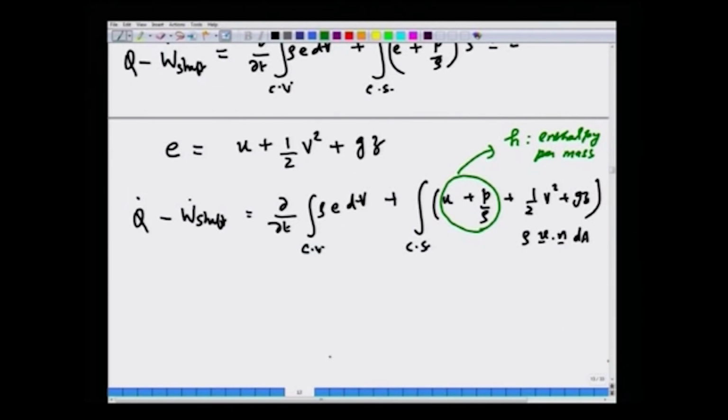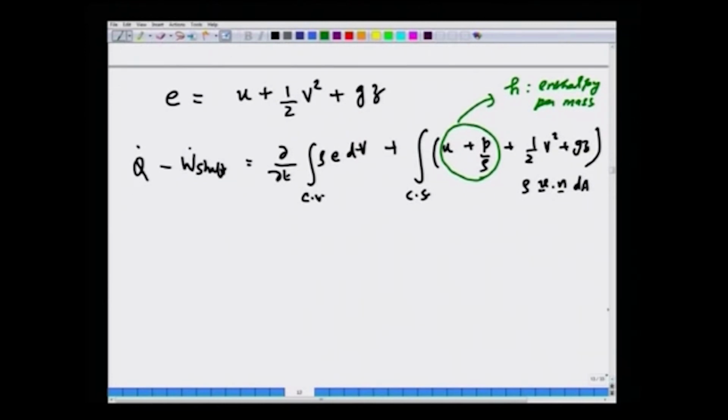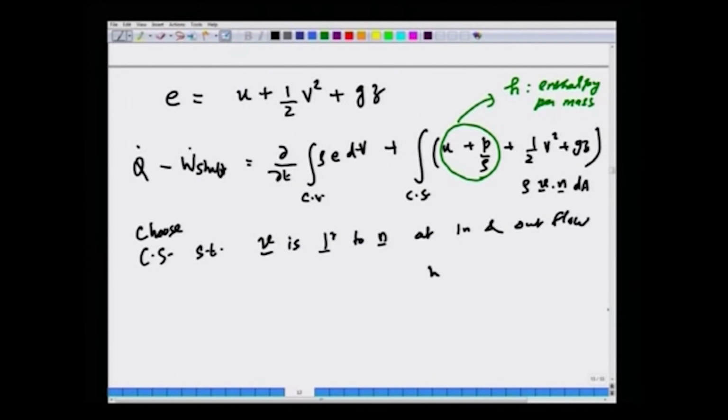Remember that we are choosing the control surface such that V is perpendicular to N at inflow and outflow, such that W dot shear is identically 0.